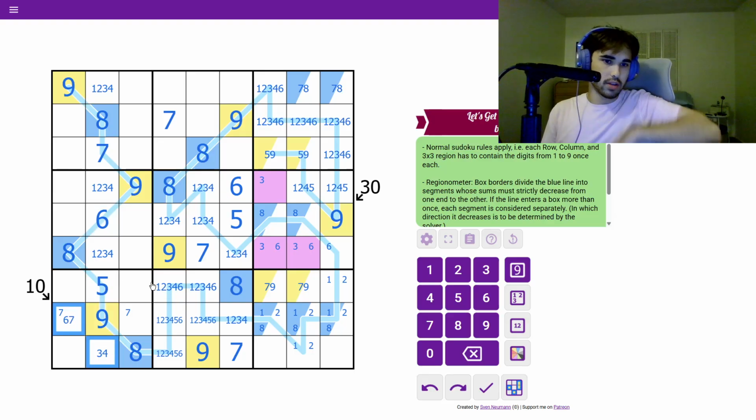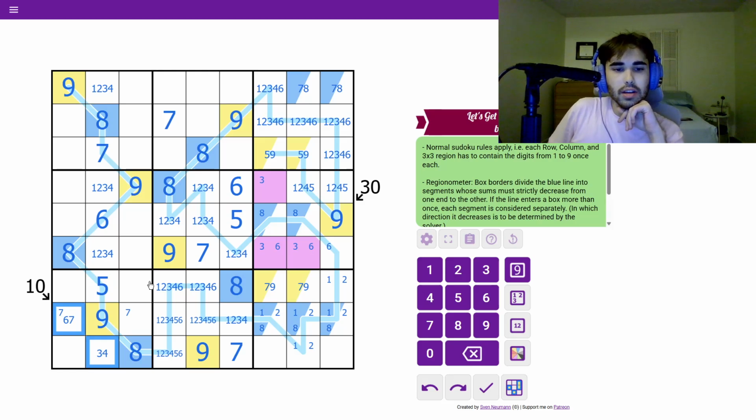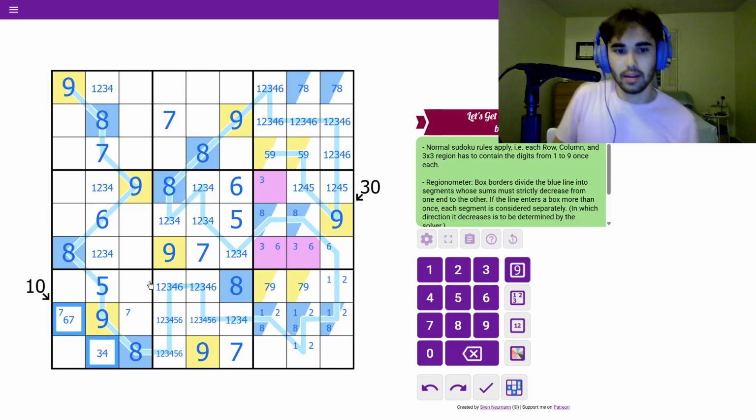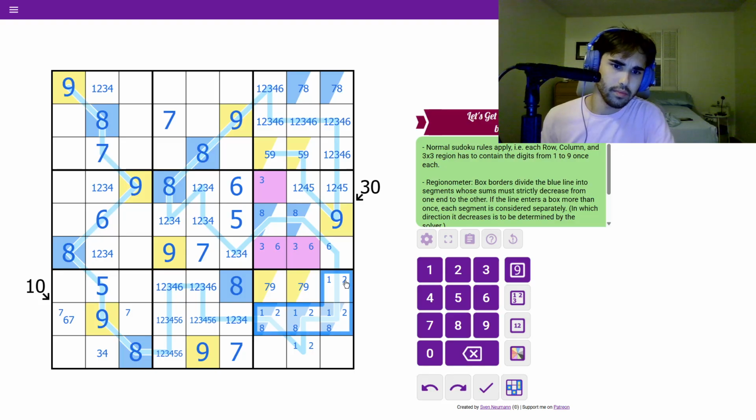I mean, something is telling me that the 7s could have gotten placed in box 7 already, but I don't think I could do anything with that little killer yet. It was the 4-cell 12 segment. 1, 2, 3, 6, or 1, 2, 4, 5.